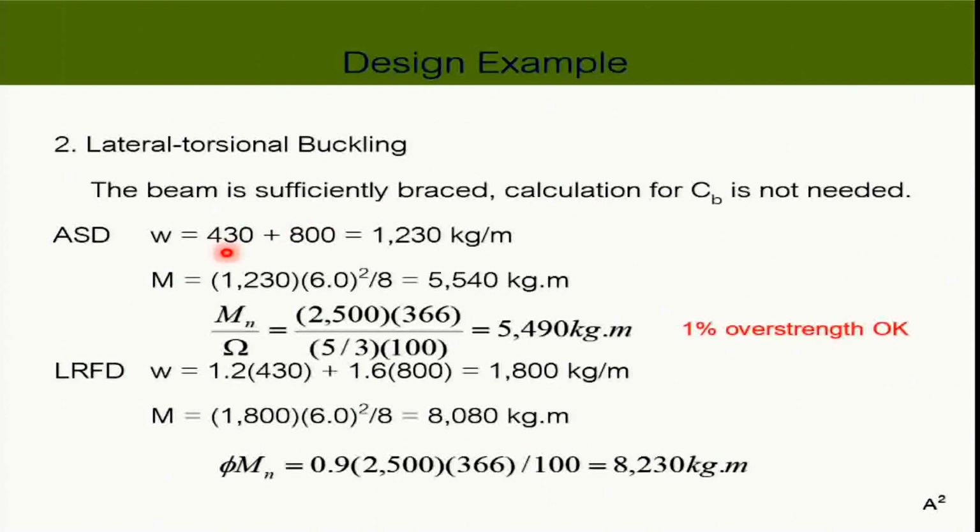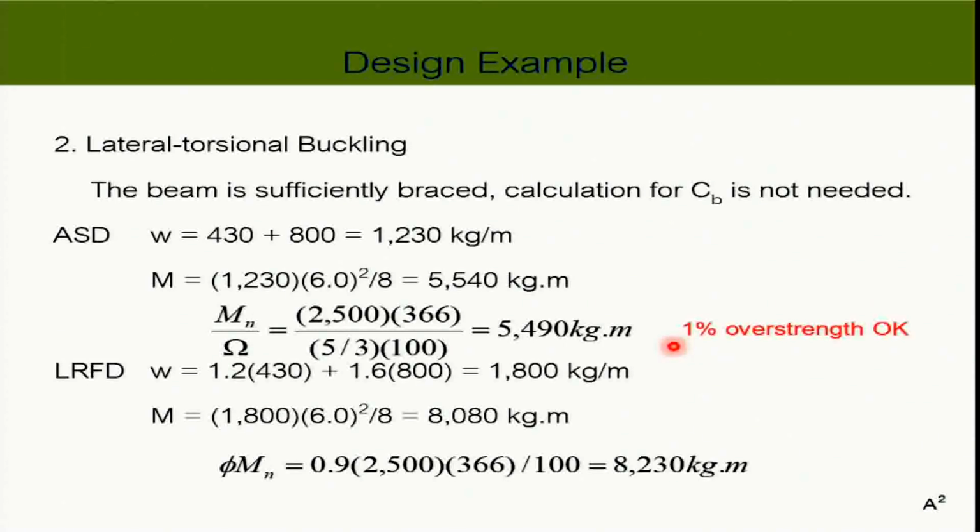So again, including the weight of the beam in the calculation a little bit, I recalculate the moment, and this is again the strength I use. This is Fy multiplied by Zx divided by factor of safety. Oops, 1% over strength. I can assure you this is not the same problem as the exam that I gave the students last year, but just a coincidence. 1% over strength.